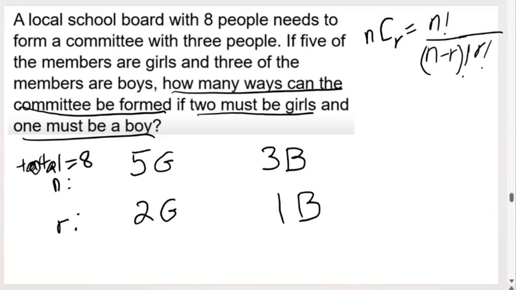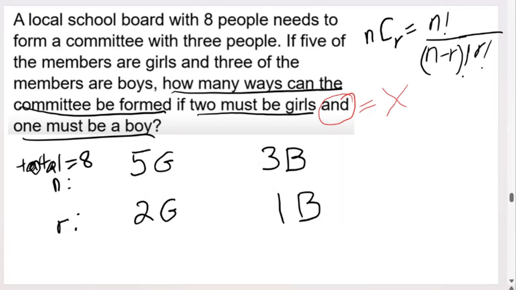So now we think about the principles of counting. If you look here, there is this word 'and'. You've got 2 girls and 1 must be a boy. In counting principles, 'and' means you multiply those 2 variables.